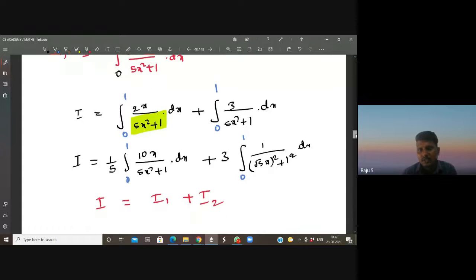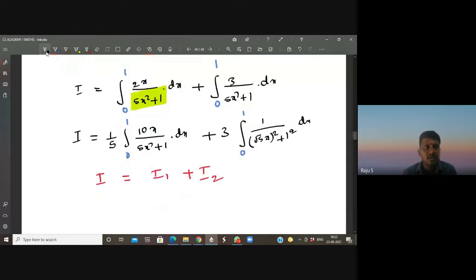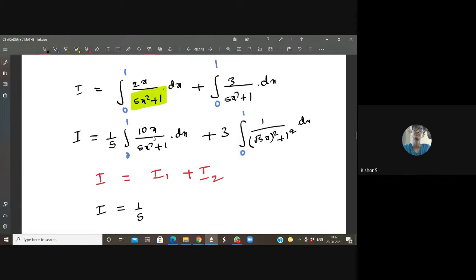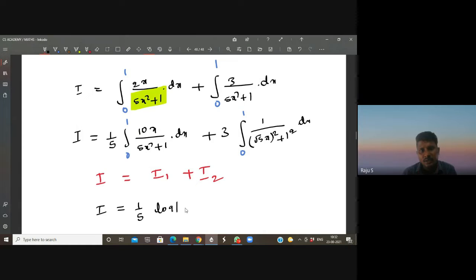Okay, actual integration belongs to term 2, again I can clarify your doubts, no doubt in that. Now see here, the derivative of the denominator is in the numerator, so log of 5x square plus 1, log of the denominator, am I right? Plus 3 times the integral of 1 by x square plus 1 dx, equal to what formula, students?